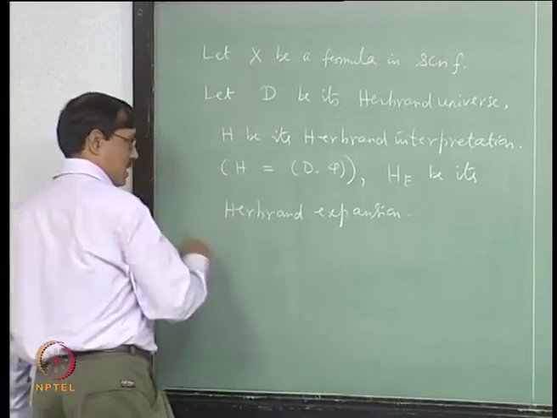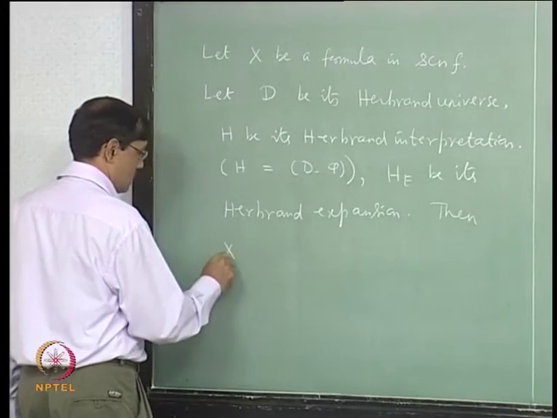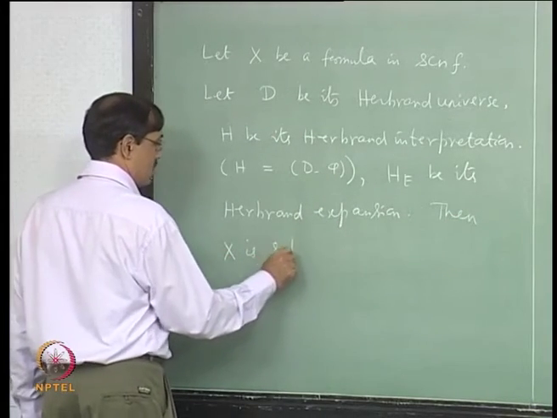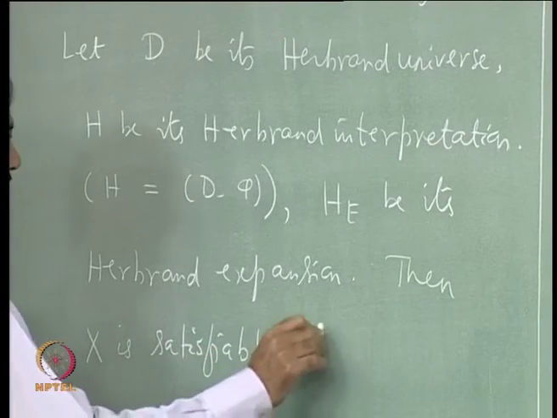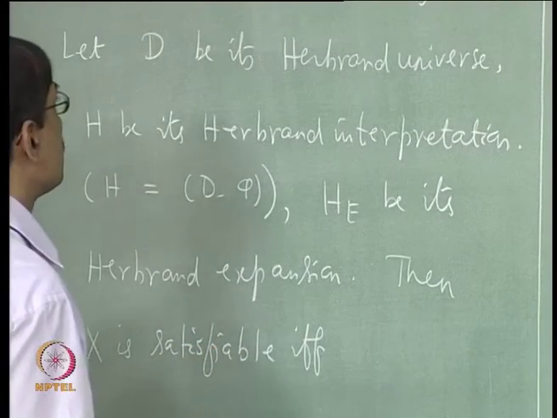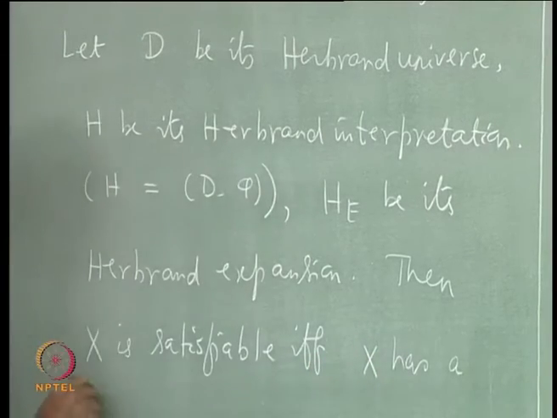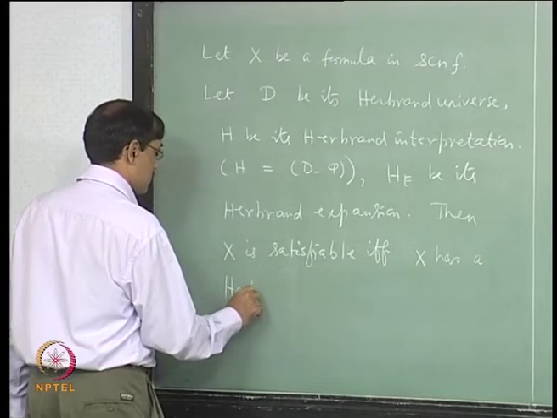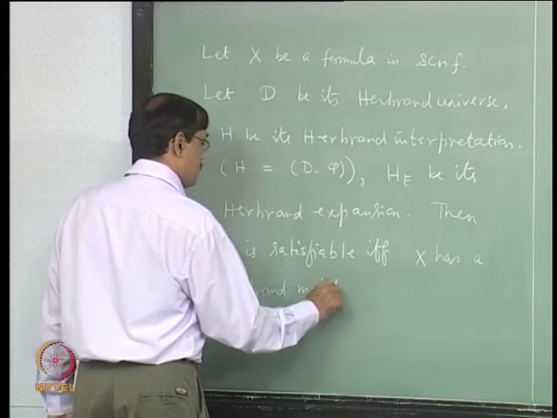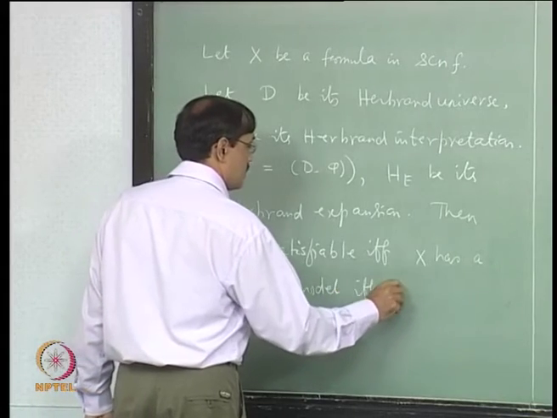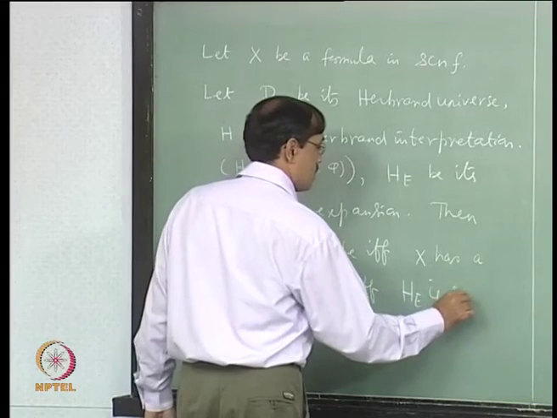So, then we wanted to show the satisfiability, then X is satisfiable if and only if X has a Herbrand model, if and only if its Herbrand expansion is satisfiable.